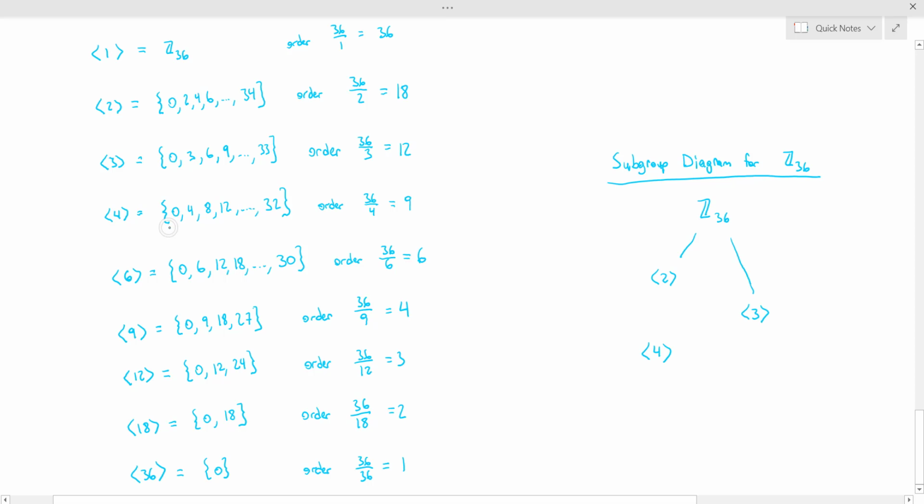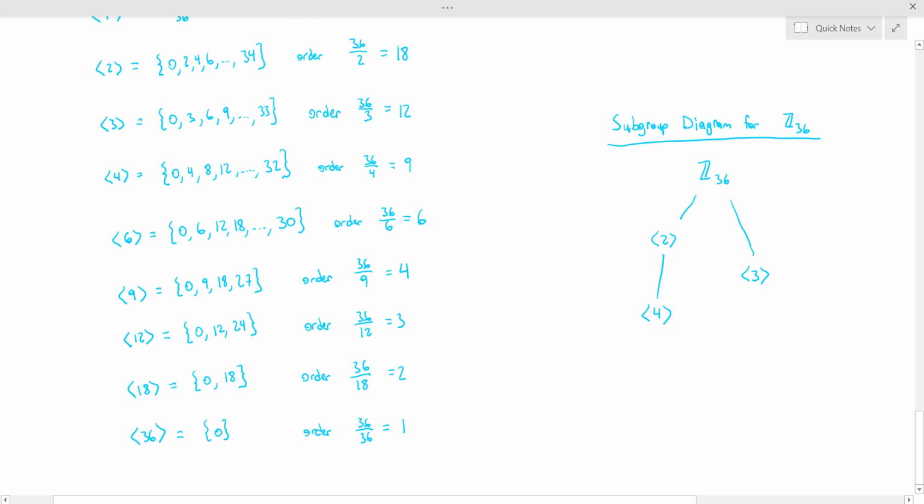Now, all the numbers in this subgroup are also in the subgroup generated by 2. So I want to draw a line connecting 4 to 2, indicating that the cyclic subgroup generated by 4 is a subgroup of the cyclic subgroup generated by 2.